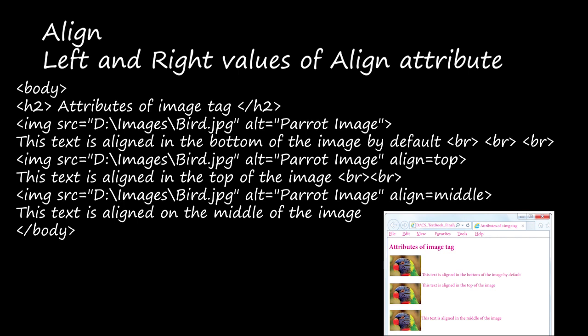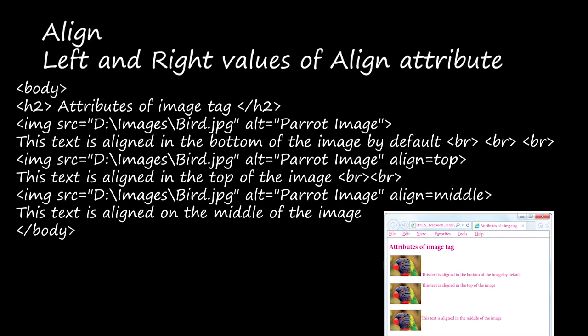Okay, here for that also they have given a coding and the example output also, right? In page number 271 and 272, the coding and output is there. Just refer to it. Inside the body tag they have given the heading inside the h2 tag, and the image source they have given the path and the image file name, and alternatively they have given the parent image.